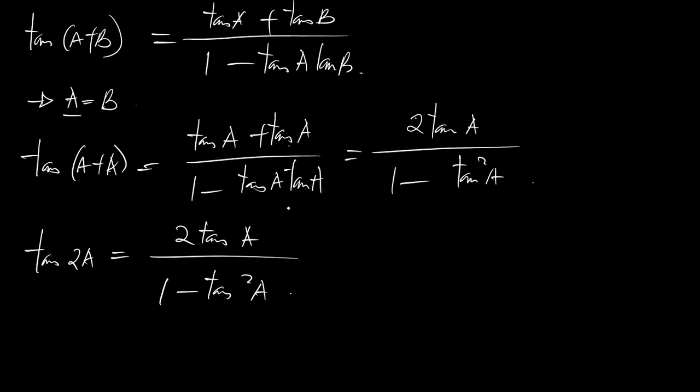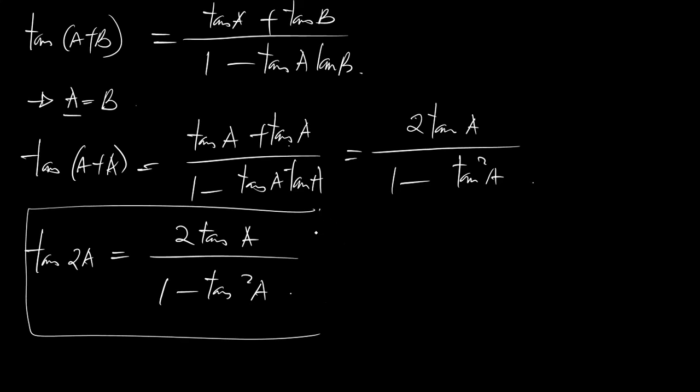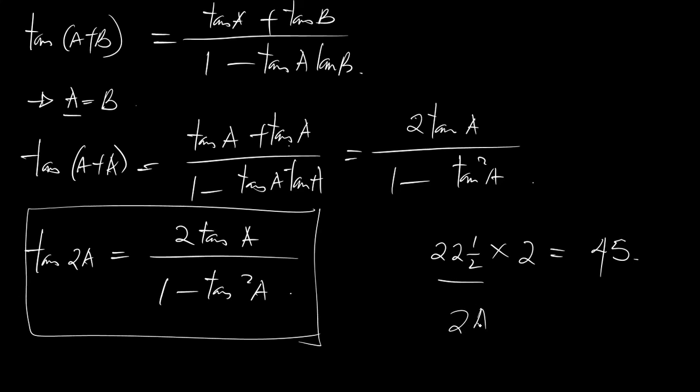Since we have gotten this expression, we are looking for 22 and a half. If you multiply 22 and a half by 2, you have 45. So let's say this is A. That means 2A is equal to 45, then A is 22 and a half.